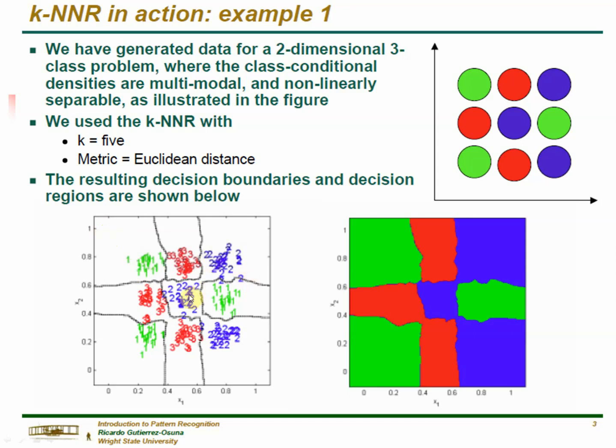And of course, this zone will be affected by the number of k. For example, you can see that this green zone over here is kind of surrounded by the blue dots. Therefore, if your k is large enough, this is possibly eaten up by the blue zone over here. So that's why finding a good number of k requires some testing.